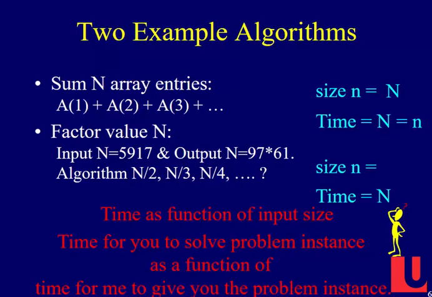Maybe 11 divides into it, right? So I try dividing everything into it. The size of the input is only the number of bits to write down 1,000,003,000, but my running time is the value of 1,000,003,000. So that's why it's exponential time. Everybody getting that?